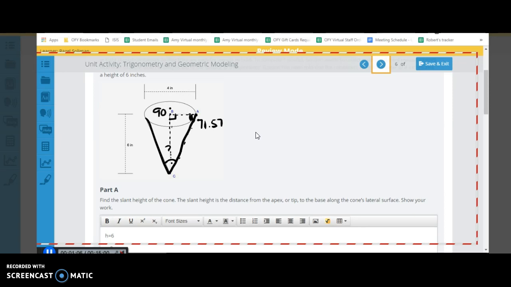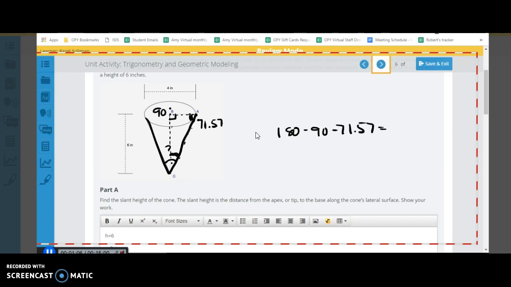We know that this is 71.57. And so we can find out what this angle is right here because a full triangle is 180 degrees. If we subtract 90 and subtract 71.57, you're going to get this angle right here.